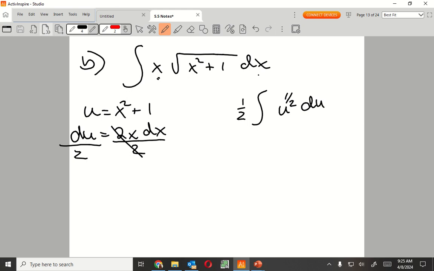Do my integration, 1/2, and then this is going to give me u to the 3/2, and then I divide by 3/2, which gives me 2/3 plus c.